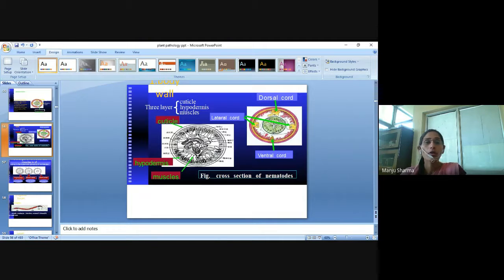The body wall has basically three layers: cuticle, hypodermis and muscle. The outermost layer is the cuticle, then the inner layer is the hypodermis, and the innermost layer is the muscles. So that is the cross section of a nematode.